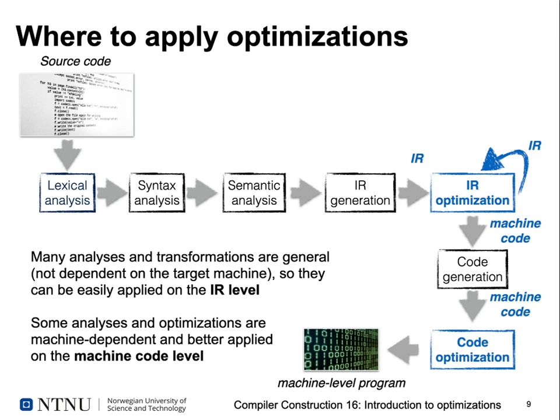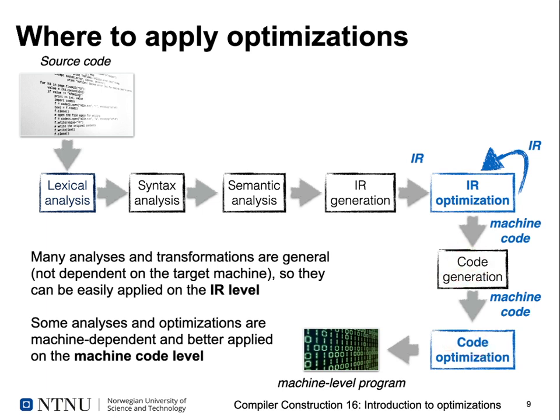So essentially, after we generated some relatively unoptimal version of IR, we can then run through a large number of different optimizations in different orders, for example, to make our code more optimal. Well, and this still generates intermediate representation code, so that's an error on the slide here. And then we can finally generate machine code out of our intermediate representation code.